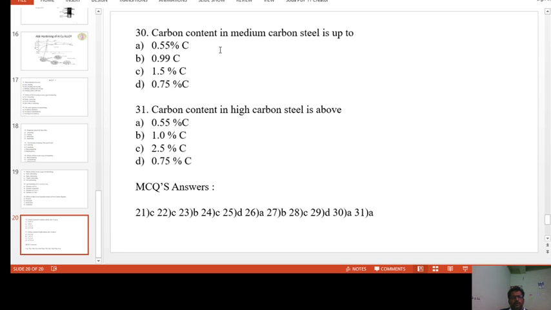Low carbon is up to 0.25, medium carbon is up to 0.55, and high carbon is above 0.55. So here it is medium carbon, so it is up to 0.55. The carbon content in the high carbon steel is above 0.55%. And these are the answers for the MCQs.